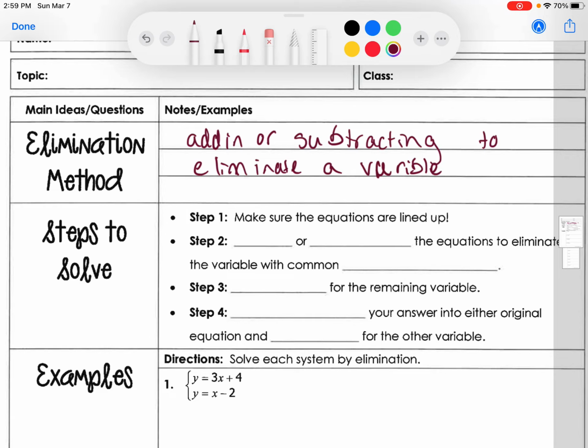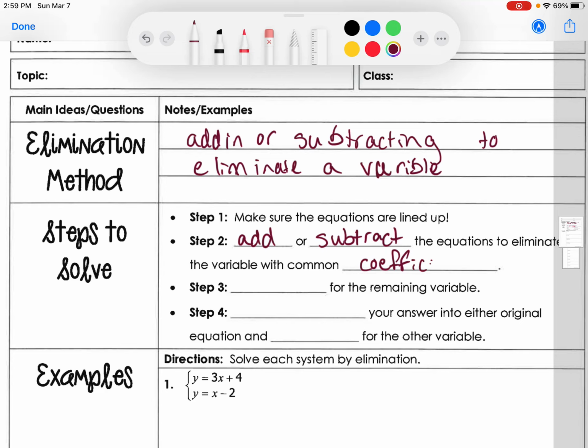Step 2, we're going to add or subtract the equations to eliminate the variable with common coefficients.